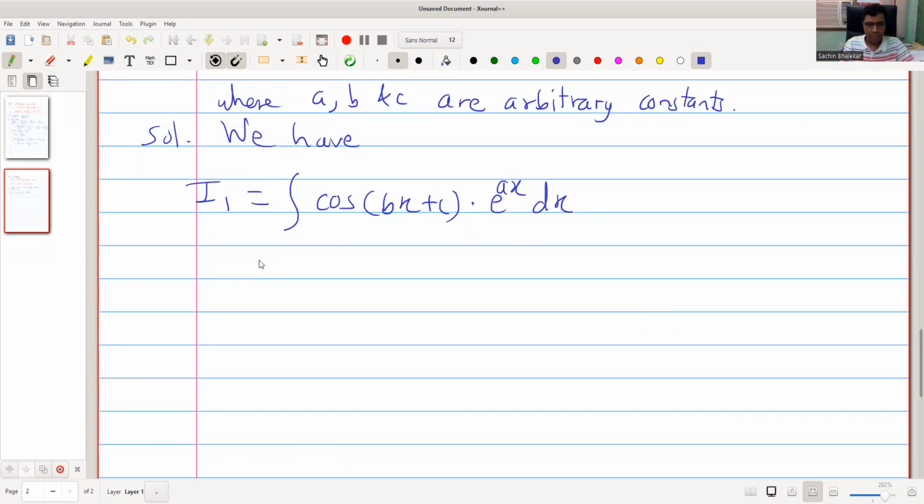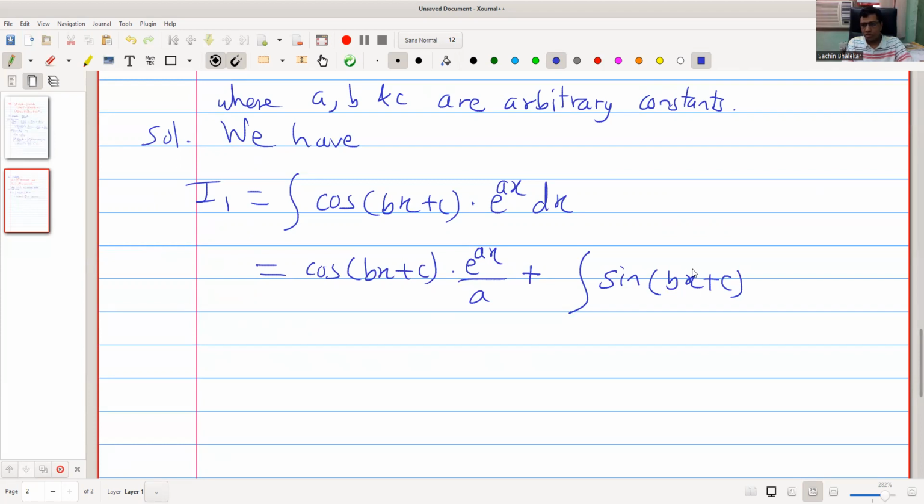So it is first function cos bx plus c into integral of second, so e raised to ax upon a, minus integral derivative of first function. Cos derivative is minus sine, so this minus becomes plus sine bx plus c.